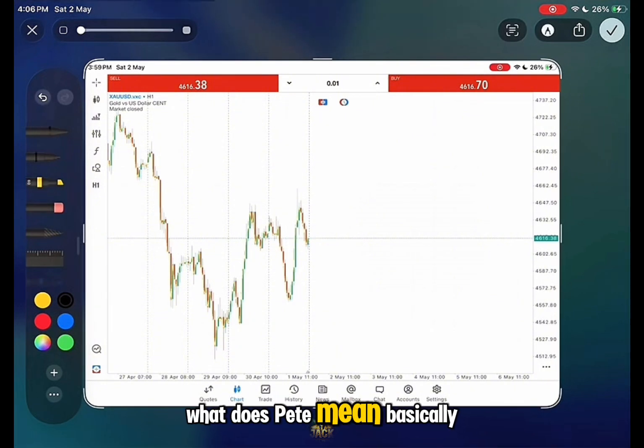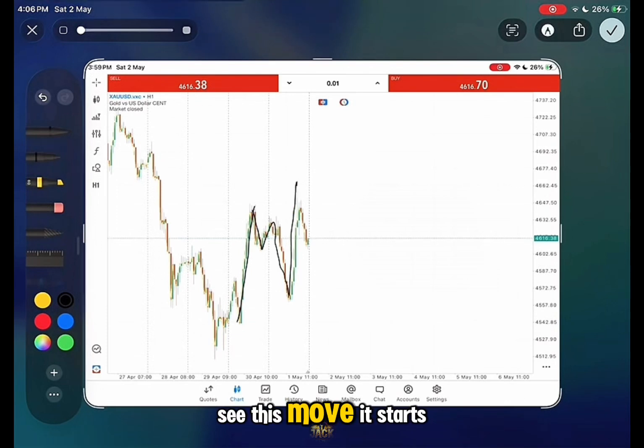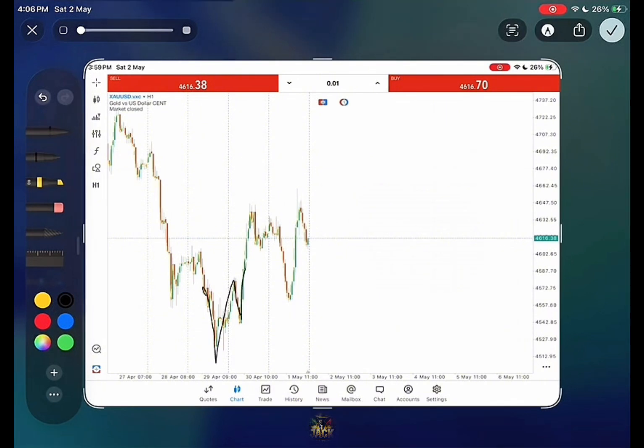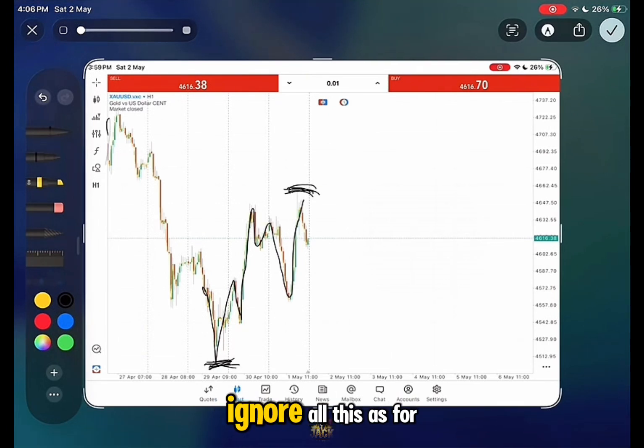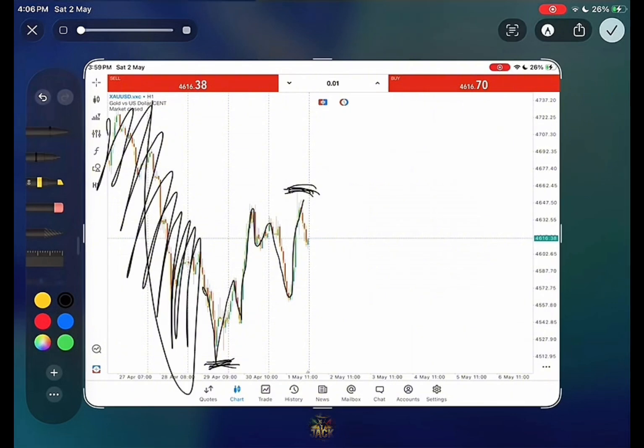What does pip mean? You can see this move here. Let me take the down one. It starts from here, ends up here. This is the lowest point. This is the highest point. Ignore all this for now. Let's start fresh here.